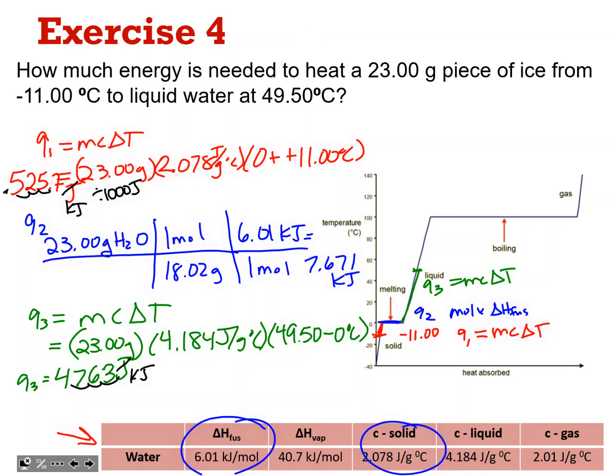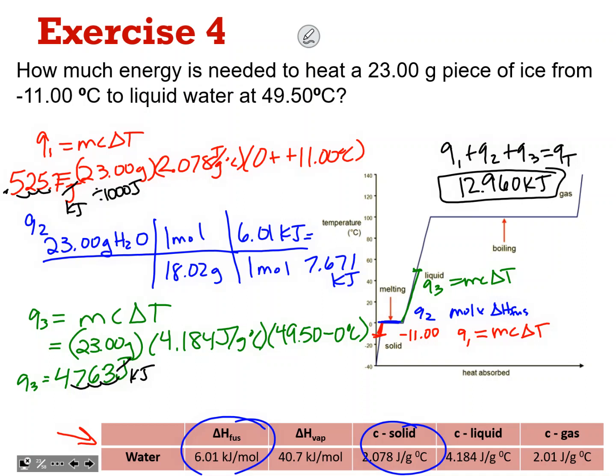Now we have to only do what? Add them. Q1 plus Q2 plus Q3 gives you Q total. And once you do that, I believe it's 12.960 kilojoules.